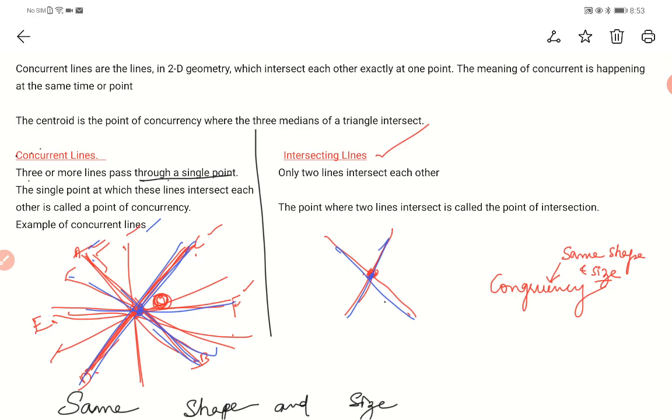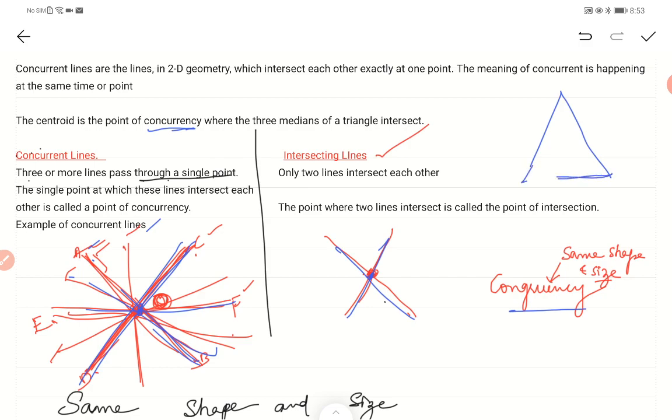Now, when you study further about congruency of a triangle and concurrency of a triangle, that is different. Concurrency of a triangle is what we have studied about: your altitude and median, right?